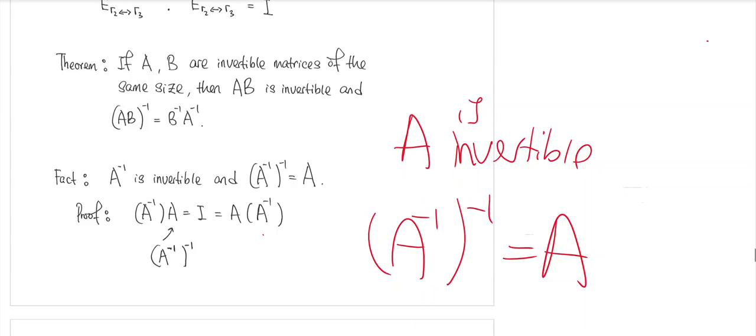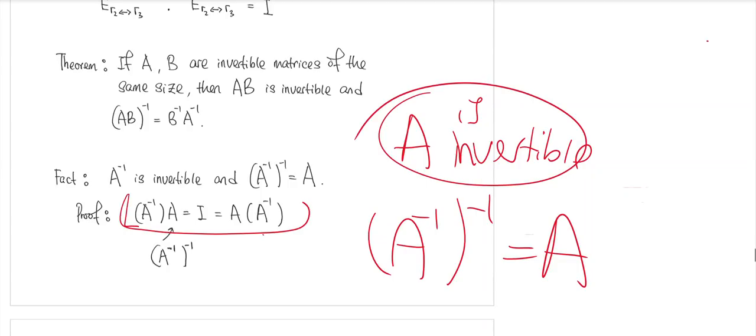Why is that? Well, it's very straightforward from the definitions. If A is invertible, we have this relationship: there's a matrix B such that if you multiply it with A, you get I, and if you multiply A with it, you also get I. We usually don't call it B; we write B as A inverse.